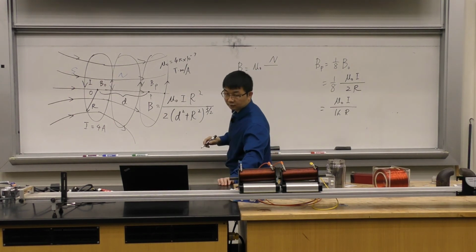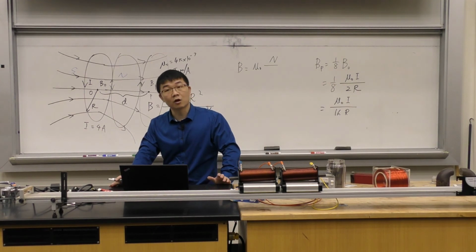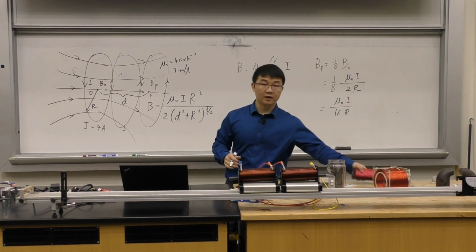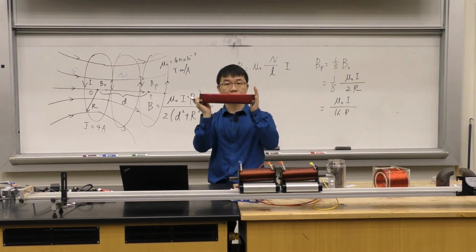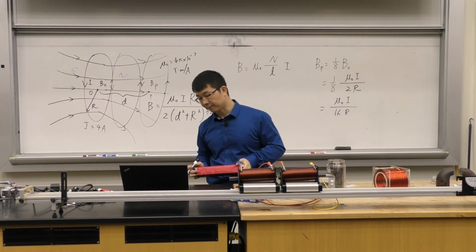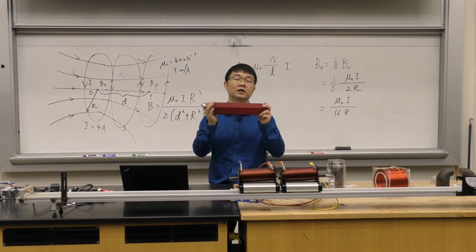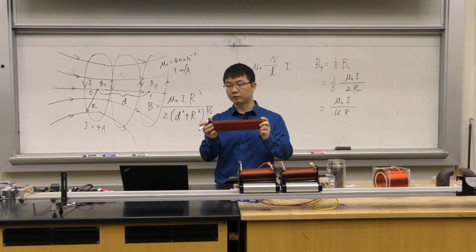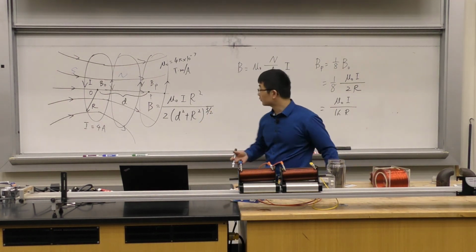And this big N is the number of turns, which can be a very large number, right? Divided by L. L is the length of the solenoid, not the length of the wire, the length of the solenoid, the cylinder, okay? And then I is the current. You only have one current here, right? Because this is one very long wire wrapped on a core. So you still have one I, right? So that's how you calculate.